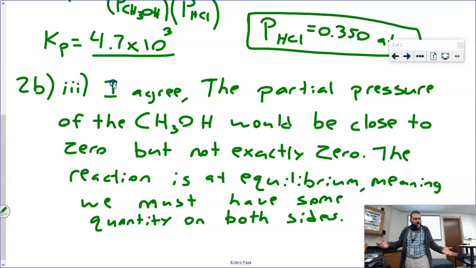We have to. That's not equilibrium otherwise, right? If we have zero on one side, that's not equilibrium. That's like a reaction that just is fully going one way and not the other way. Equilibrium means both ways are happening at the same rate. So I would have quantities on both sides. All right, let's keep going.